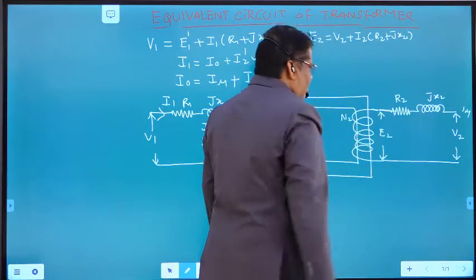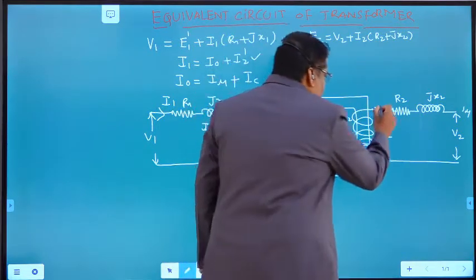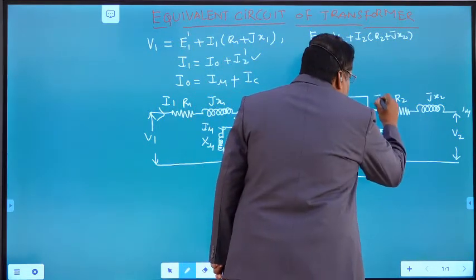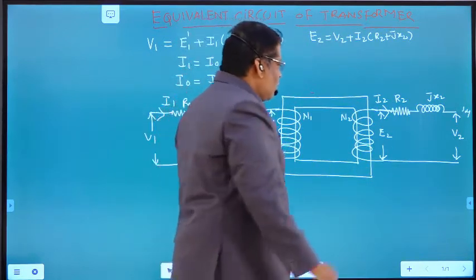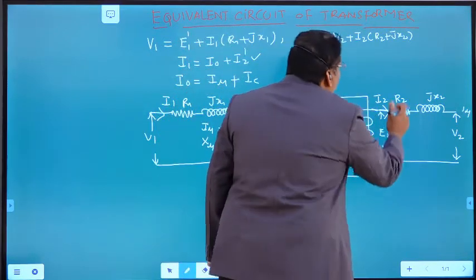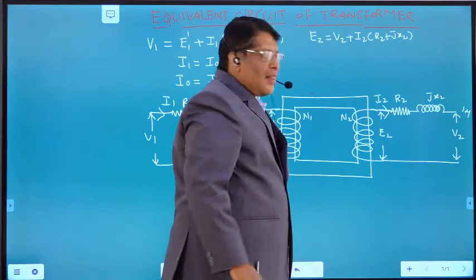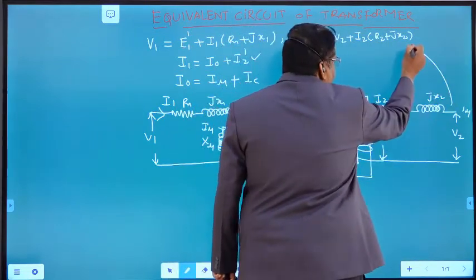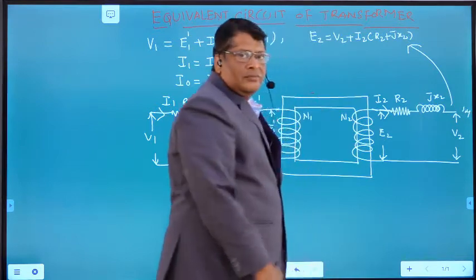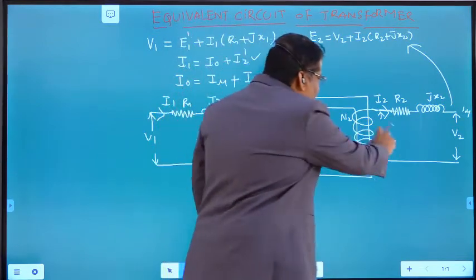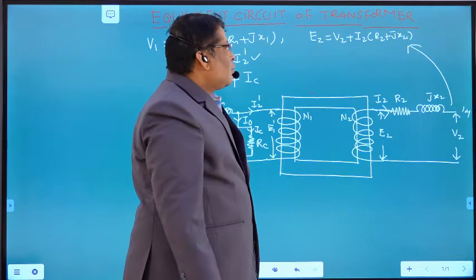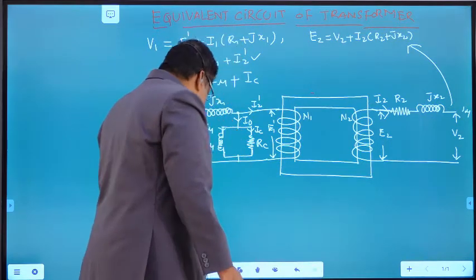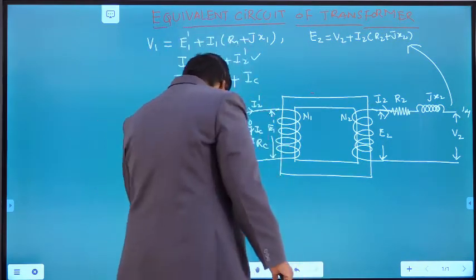In this branch, the current flowing is I2. Now, if you apply KVL in this loop, we get the equation E2 equal to V2 plus I2 into (R2 plus jX2).